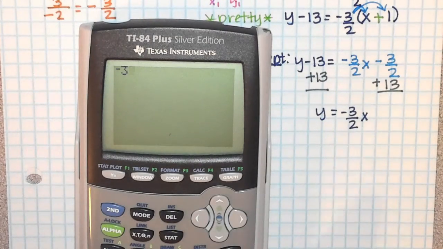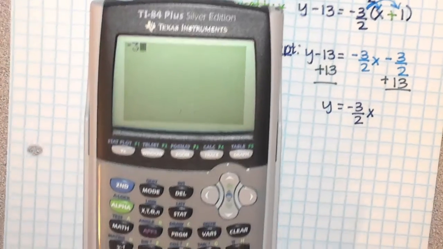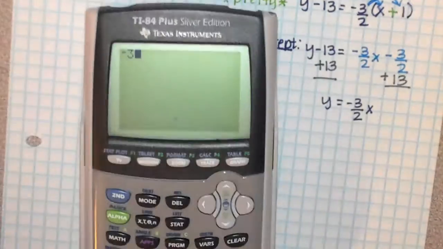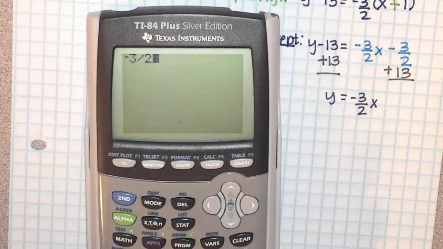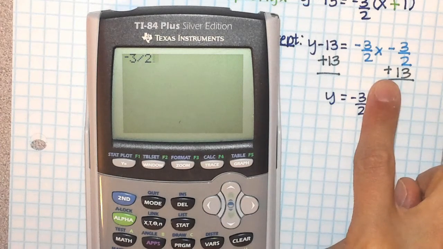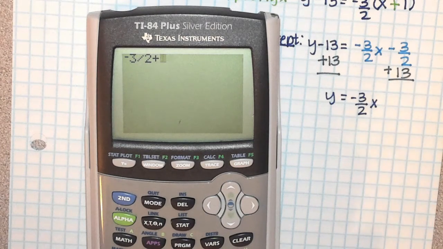I type 3, and I use my division sign right here for my fraction. And that's 3/2. I am adding 13 plus 13.